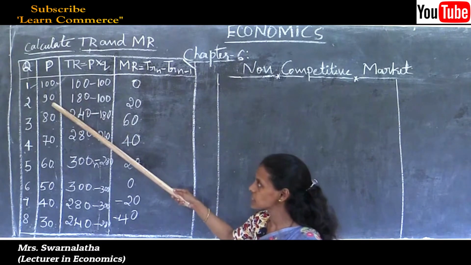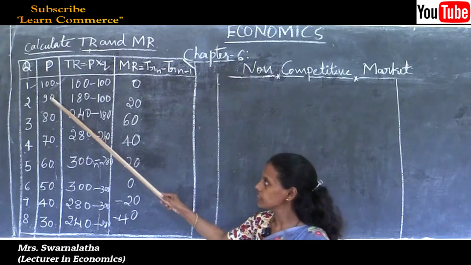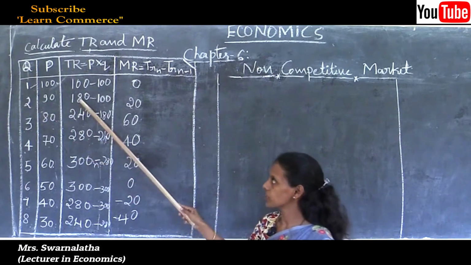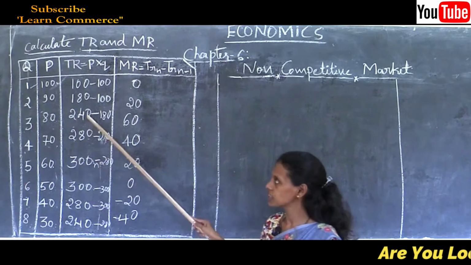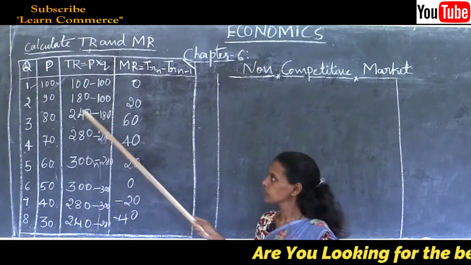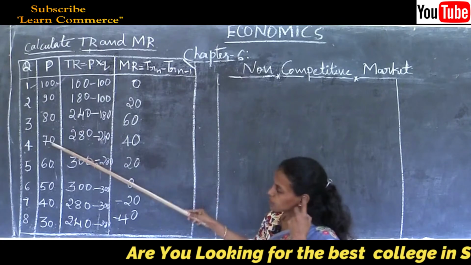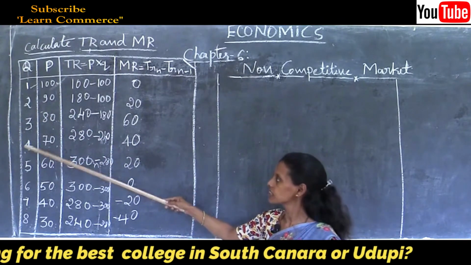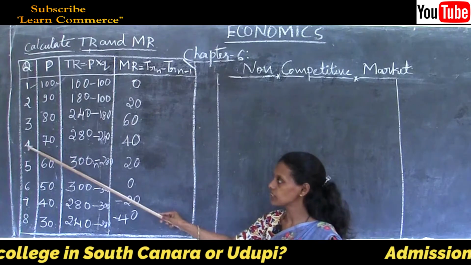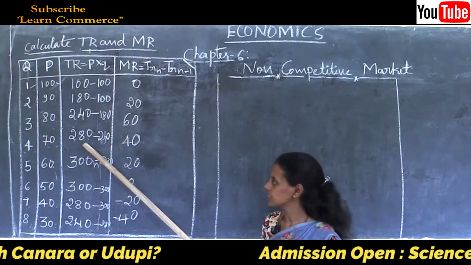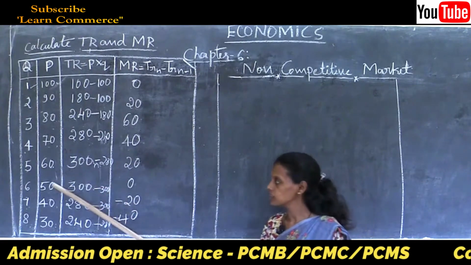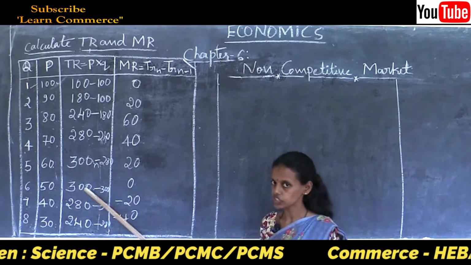Thus it reduces the price from 100 to 90, and 90 into 2, with quantity increasing, is 180, and 80 into 3 is 240. Again 80 to 70, price decreases but quantity demanded increases from 3 to 4, thus 70 into 4 is 280, 60 into 5 is 300, and 50 into 6 is 300.